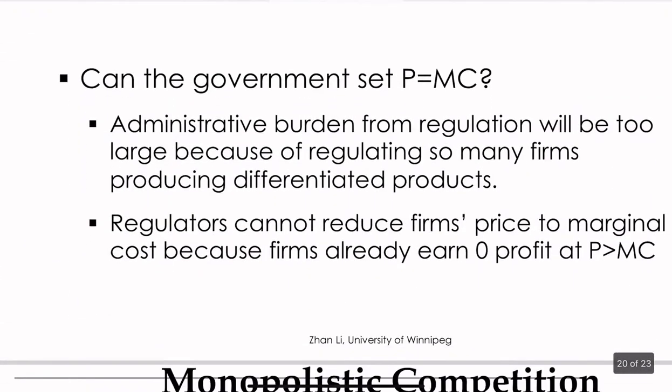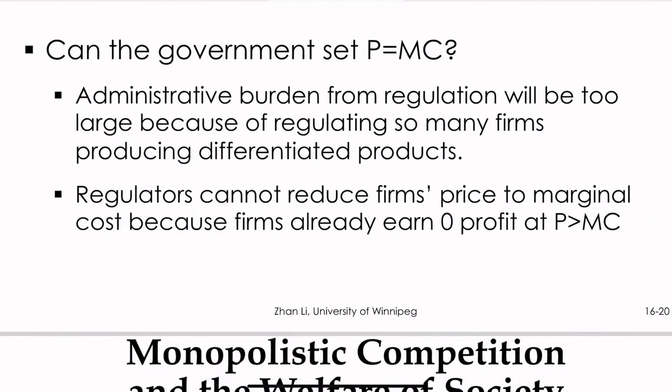Now, how can we regulate this? Again, this is a similar topic to the regulation of the monopoly market. Maybe the government can set price equals marginal cost, because we discussed that price equals marginal cost gives you the efficient result. It maximizes the total surplus.